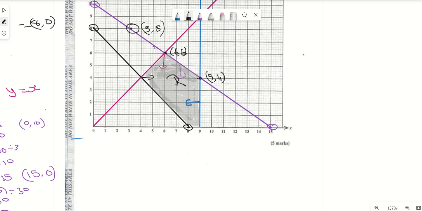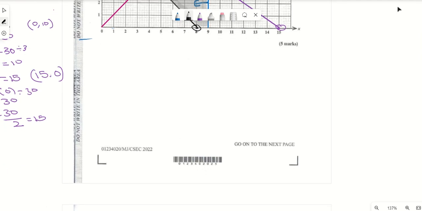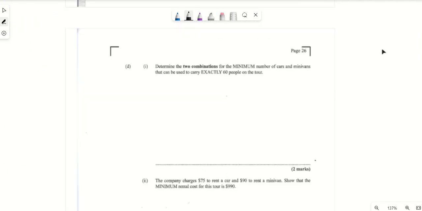There are no other flush lines unless you want to have 0 cars and 10 minivans. However, I wouldn't do that because they want a combination of cars and minivans, right? So any two of these would be correct for this answer. Let's say the combination of 6, 6, which is 6 cars and 6 minivans.